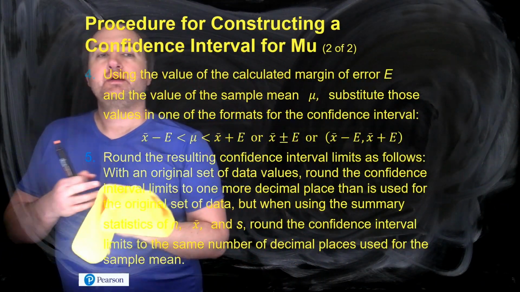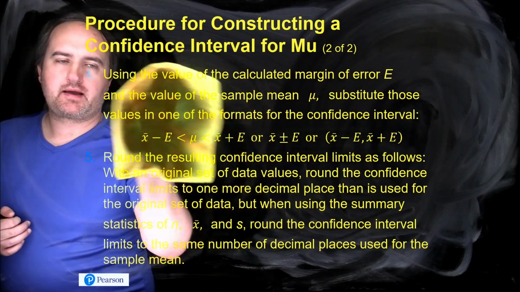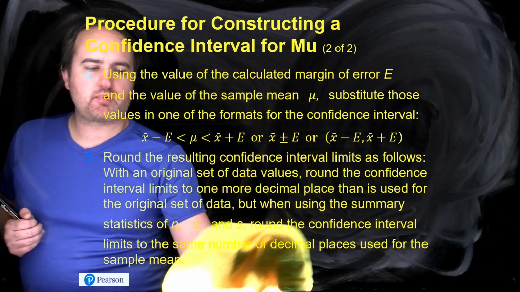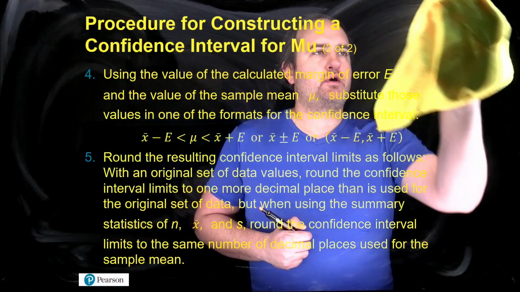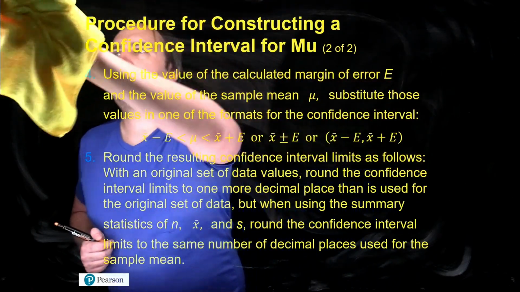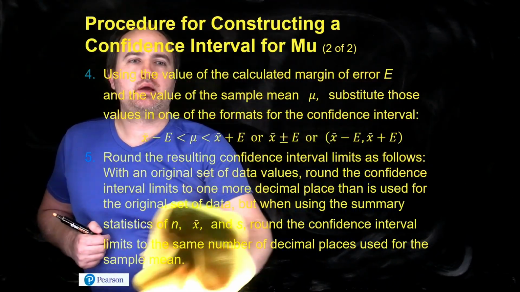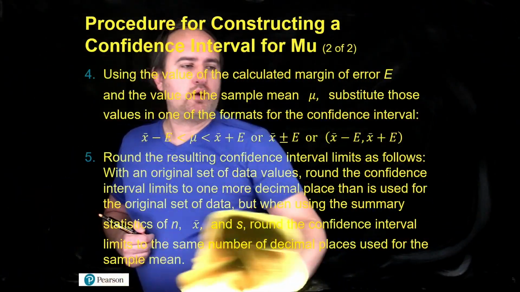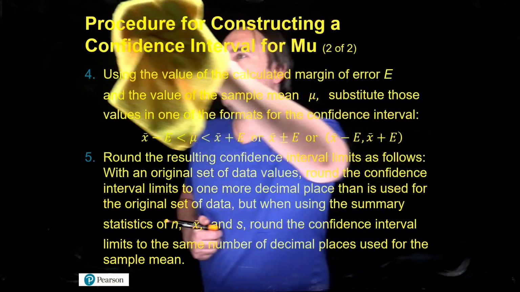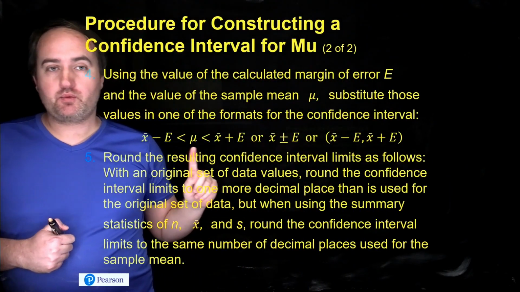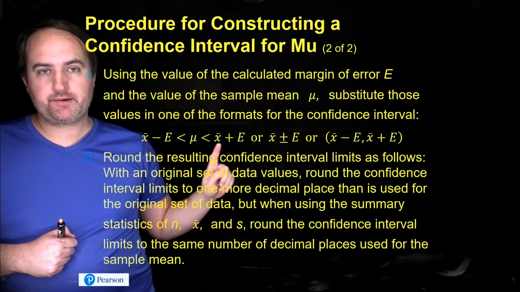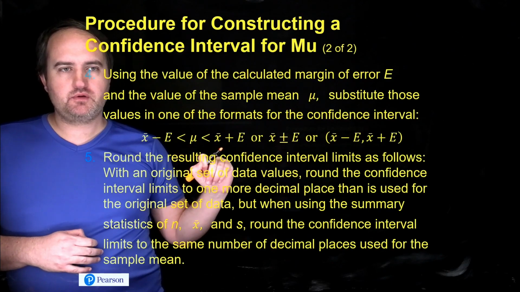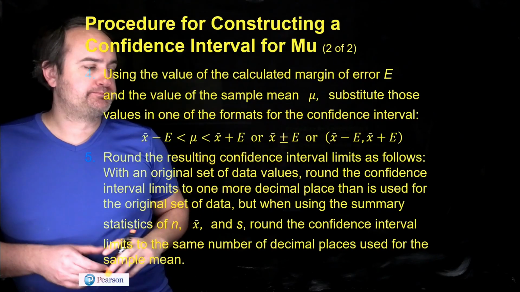In step 4, we've got x bar minus E is less than mu is less than x bar plus E. Since we've already calculated x bar, our sample mean, and E, our margin of error, we can literally just plug them into this formula the same way we did in the last section, 7.1.